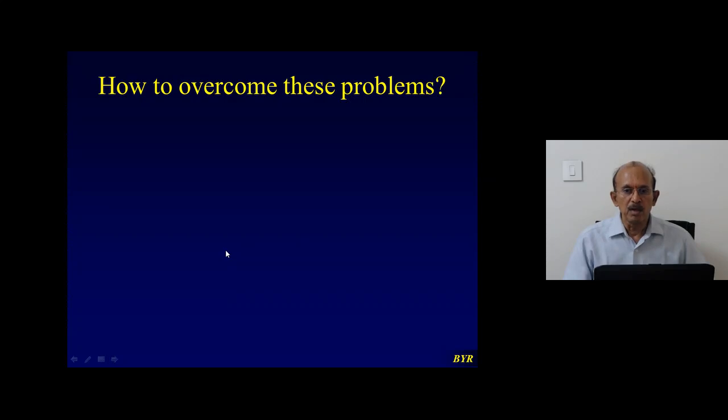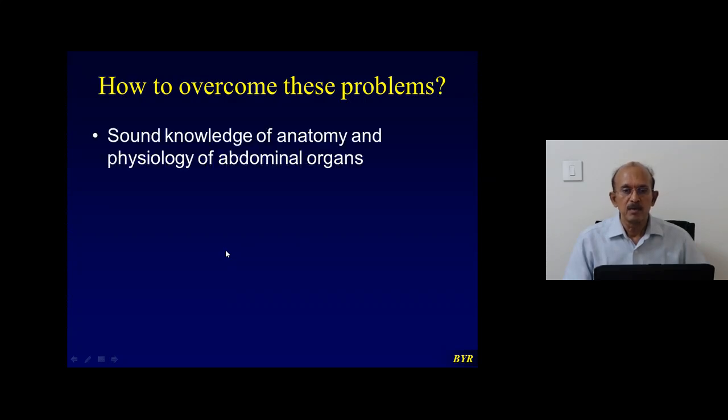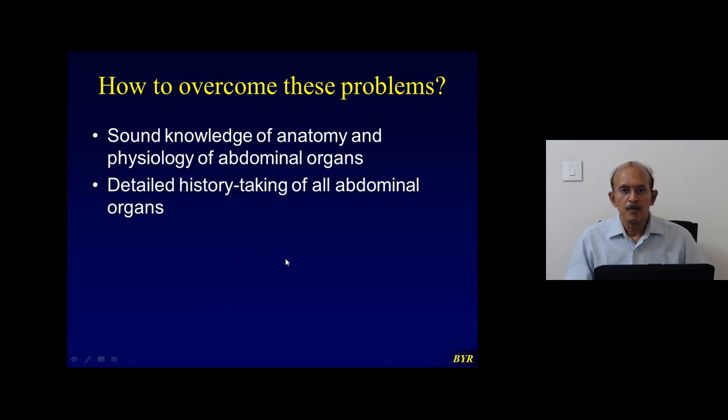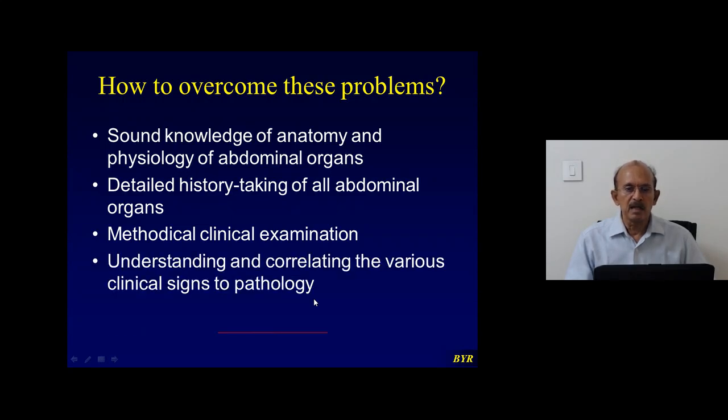How to overcome these problems? Sound knowledge of the anatomy and physiology of abdominal organs. Detailed history taking of all abdominal organs. Methodical clinical examination. Understanding and correlating the various clinical signs to pathology.